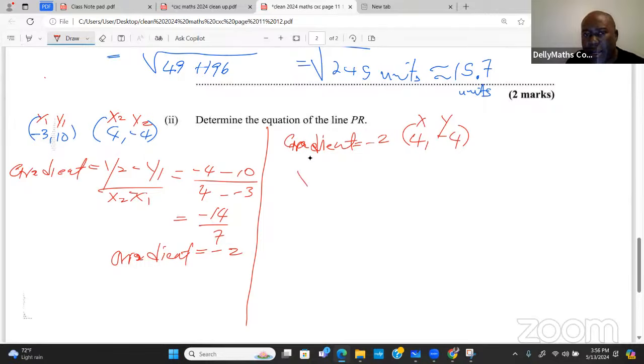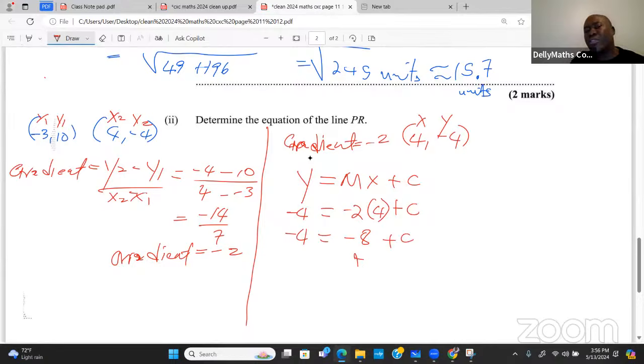So remember the format that y is equal to mx plus c. So I'm going to substitute. -4 is equal to -2(4) plus c. Keep working. This becomes -8 plus c. So I'm going to add 8 to both sides to get the y-intercept by itself. So I have +4 is equal to c.